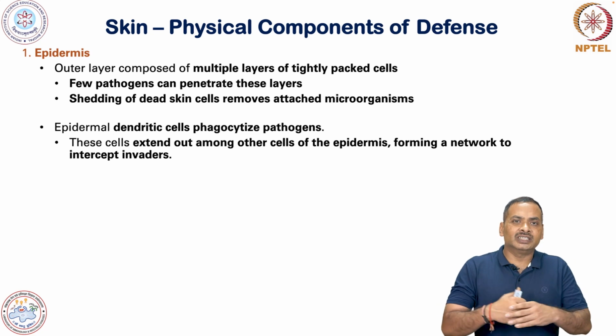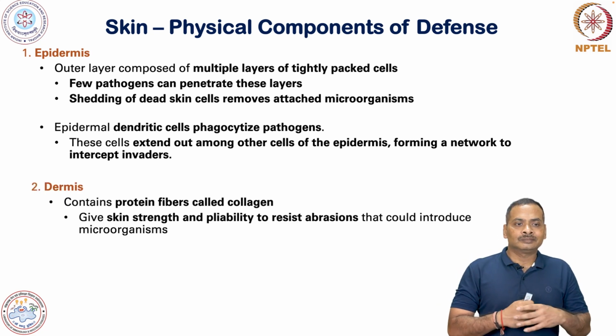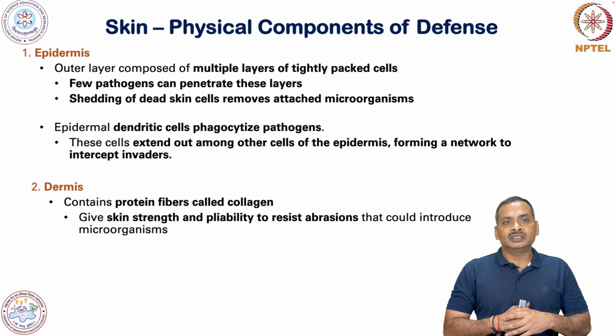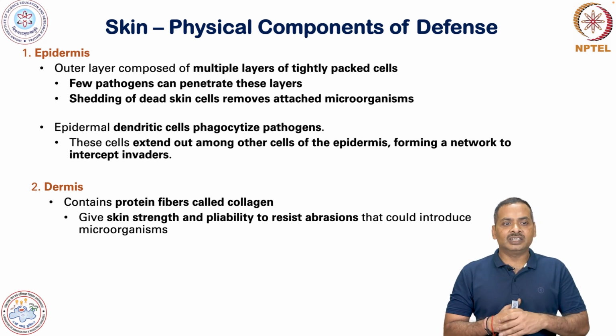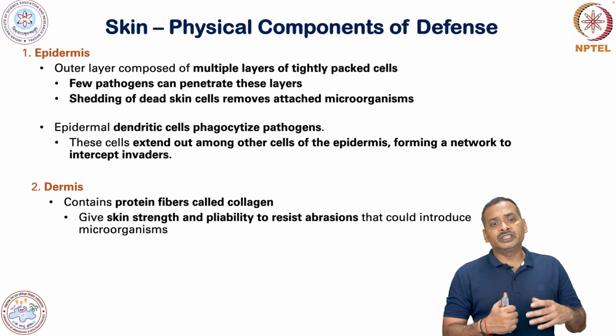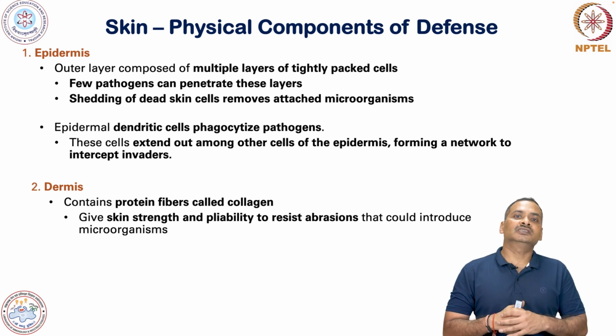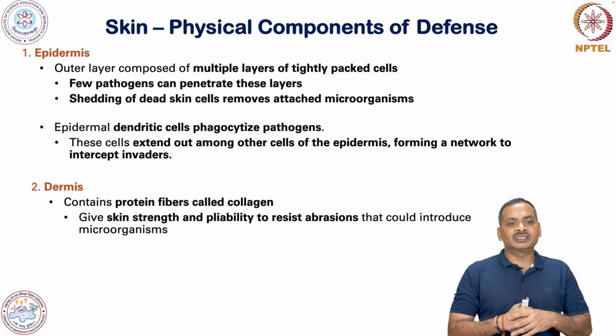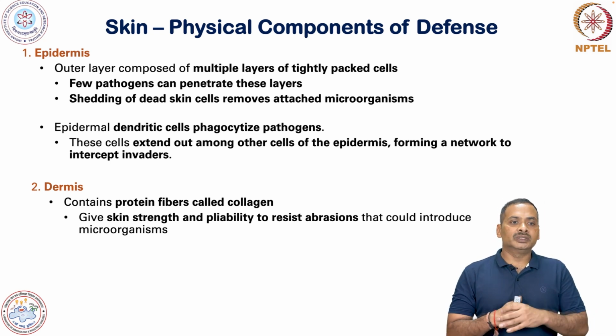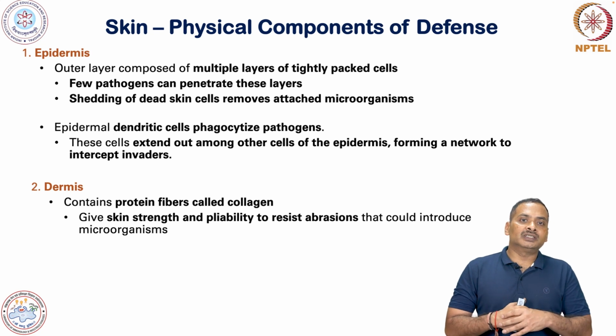There is a dermis layer; probably you may remember the structure of skin, if not, please take a look. It's a simple structure. The dermis layer contains a protein fiber called collagen, and this gives the skin strength and permeability to resist the abrasion that could be introduced by microbial pathogens.